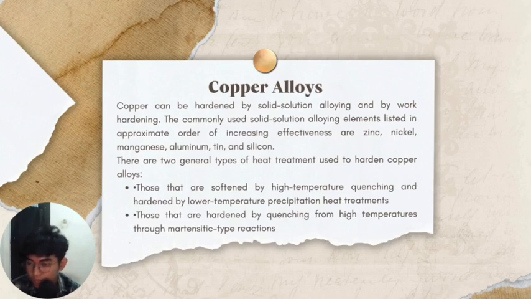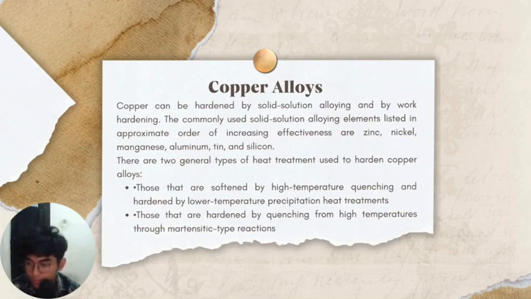There are two general types of heat treatment used to harden copper alloy. The first is those that are solution treated by high temperature quenching and then hardened by low temperature precipitation heat treatment. The second is those that are hardened by quenching from a high temperature through a martensitic type reaction.